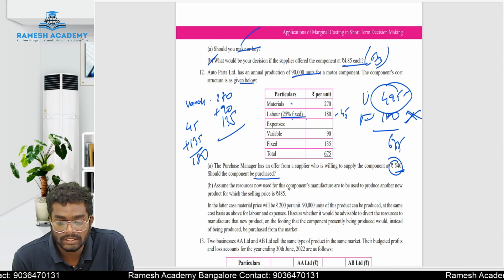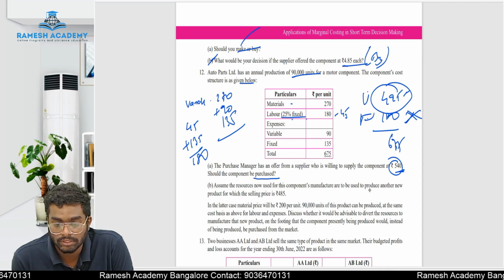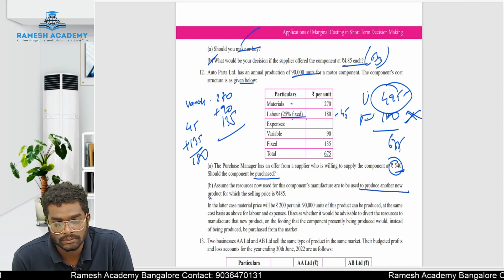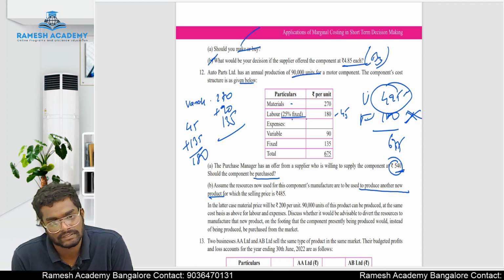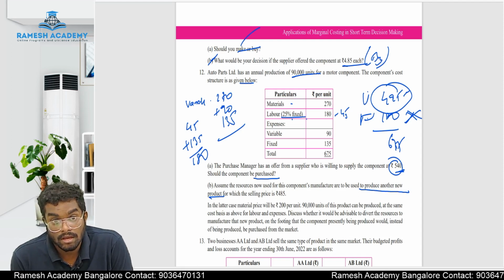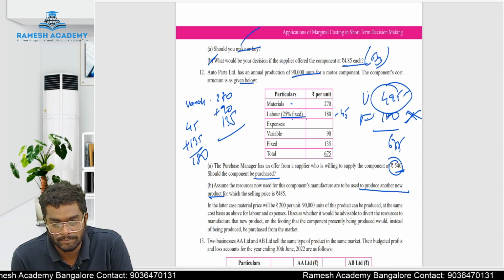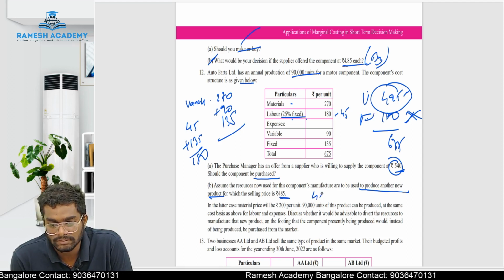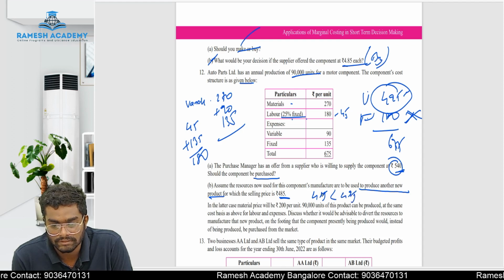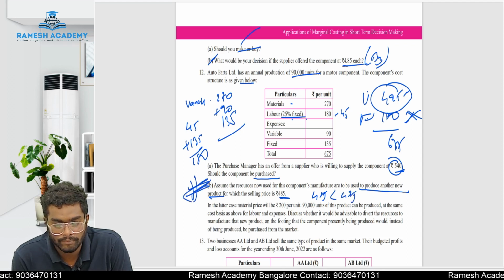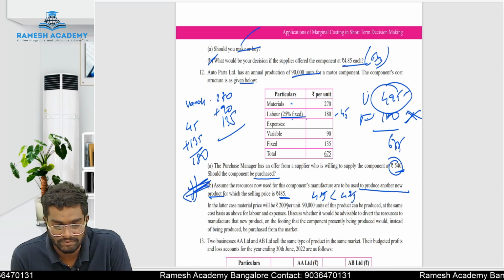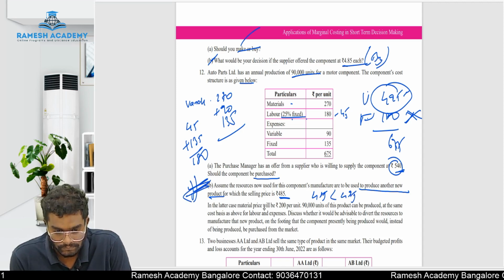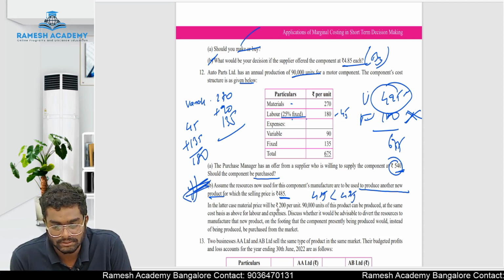Next, assume that the resources now used are used to produce new products. So now the fixed component is occupied in some other product, and you will be getting it at a price of 485. So 485 is less than 495, so I will say produce or purchase it from outside. In the latter case, material price is 200 per unit.